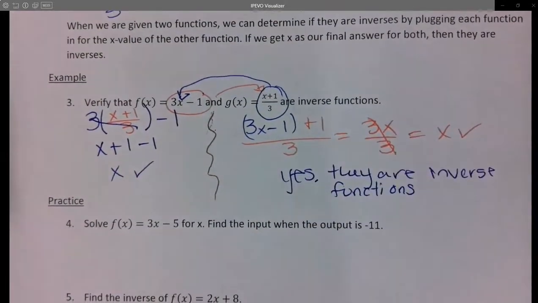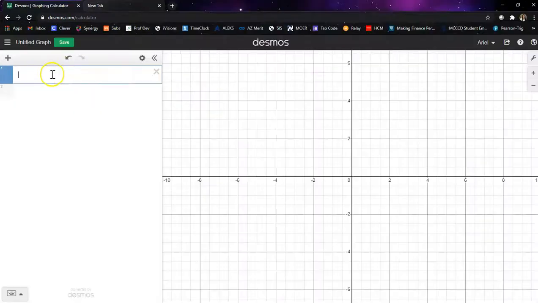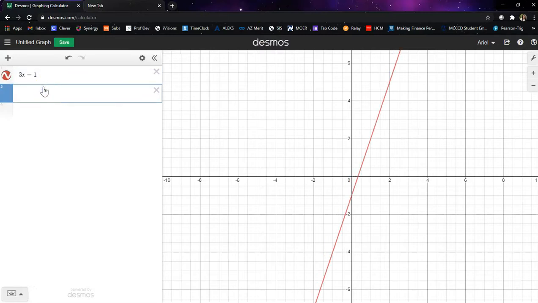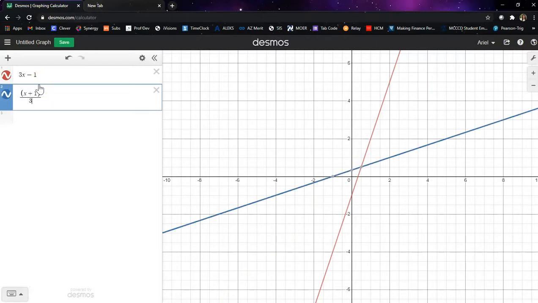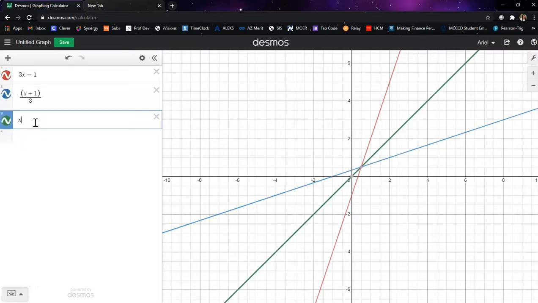And then I want to show you something. If I go to Desmos and graph these two functions, and let me graph the third function.